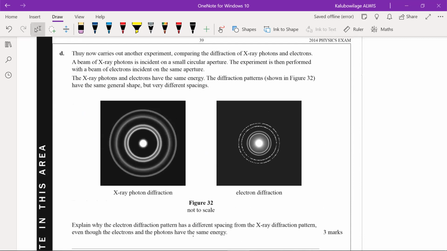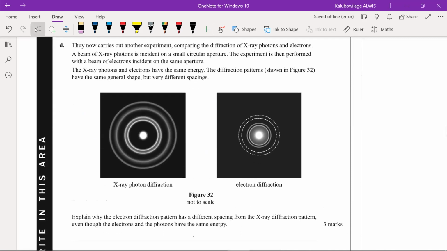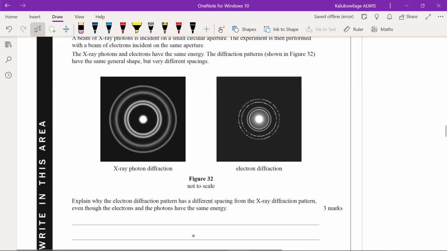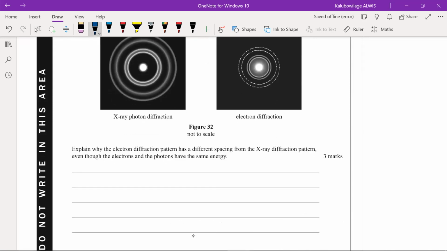To compare diffraction of X-rays and electrons, they have very different diffraction patterns, with different spacing, at the same energy. We know that diffraction is dependent on wavelength, not energy.